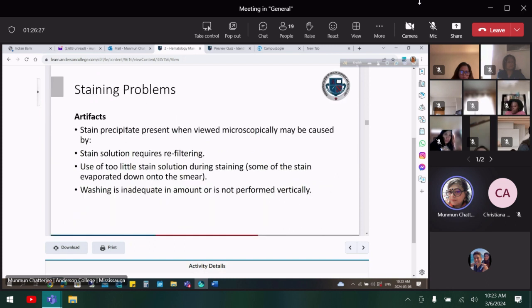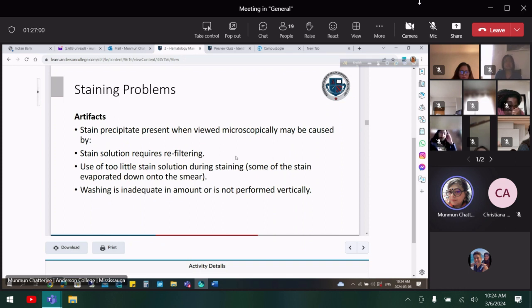Artifacts: stain precipitate present when viewed microscopically. What may cause it? The stain solution requires refiltering. Sometimes the stain looks like a clear liquid, but when you're putting the dye, maybe it didn't properly go into the solution, or if you save the dye, sometimes some precipitate settles down.